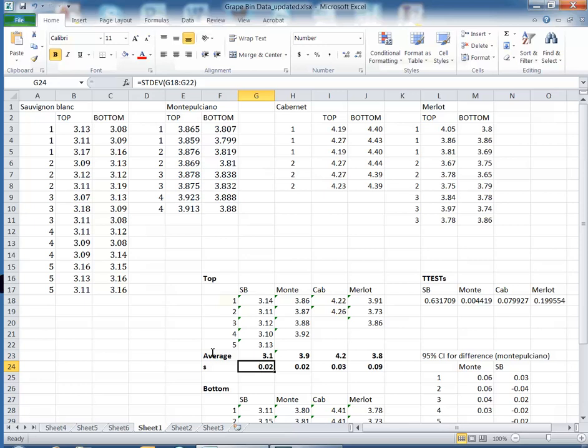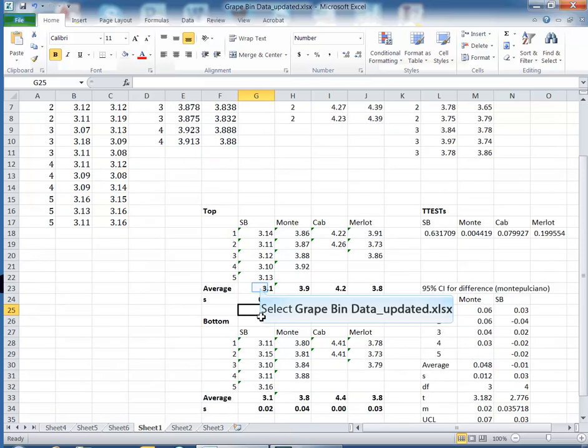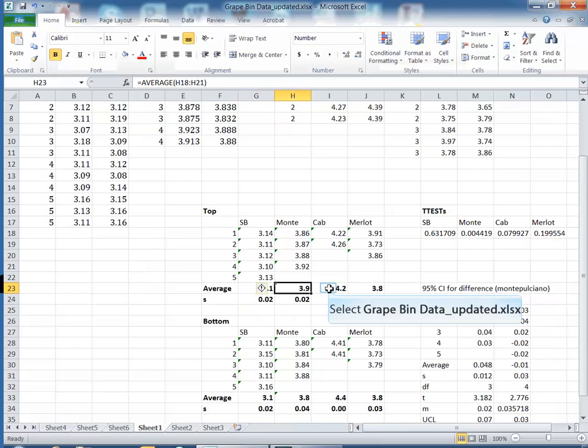This is simply equals stdev, then I've selected those cells there. So the average difference of each data point and the mean is 0.02. Just a reminder of the definition of the standard deviation. Now these are the descriptive statistics we required for assignment 2.